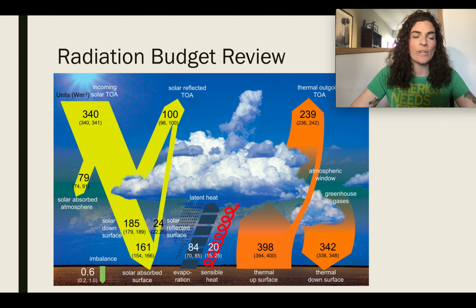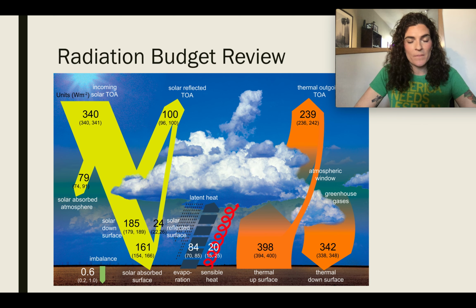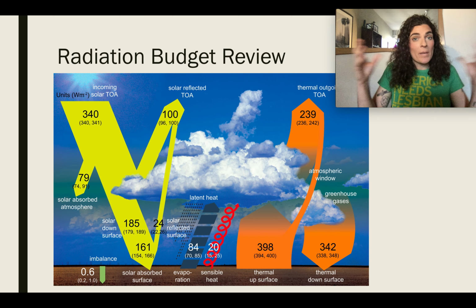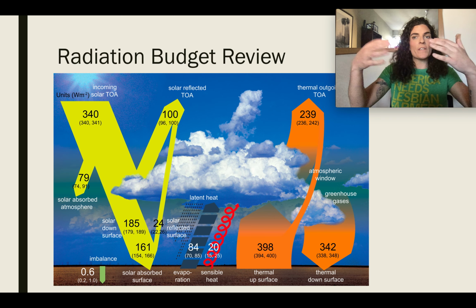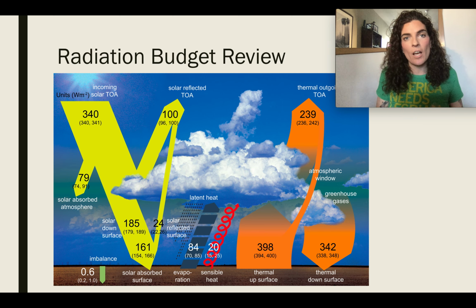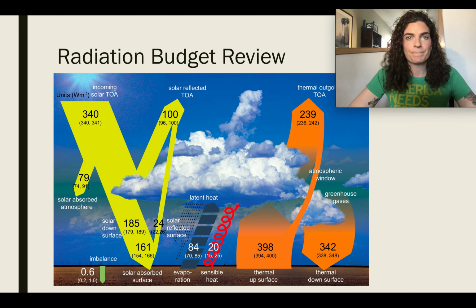And greenhouse gases absorb that infrared radiation, right? This is just a review. They absorb that infrared radiation and re-emit it in all directions, but because most of them are close to the surface, most of that infrared radiation comes back down to the surface of the Earth, and this process is known as the greenhouse effect.